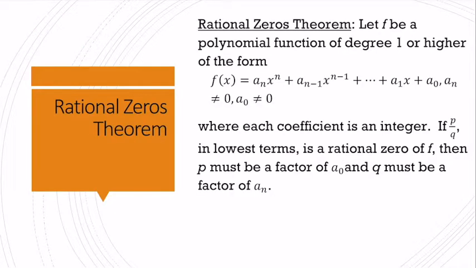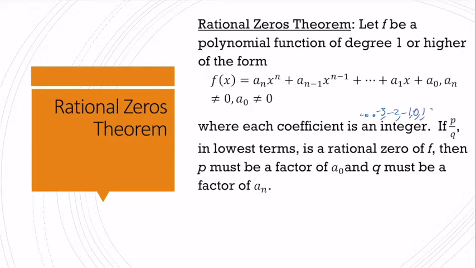When given a polynomial, we can use the rational zeros theorem to determine what our zeros could possibly be if we don't know. So let's let f be a polynomial of degree 1 or higher, where each coefficient is an integer, meaning it can't be a fraction, it can't be a radical, right?